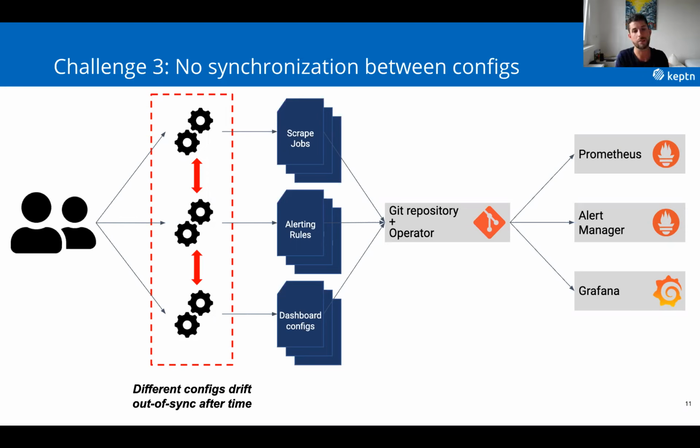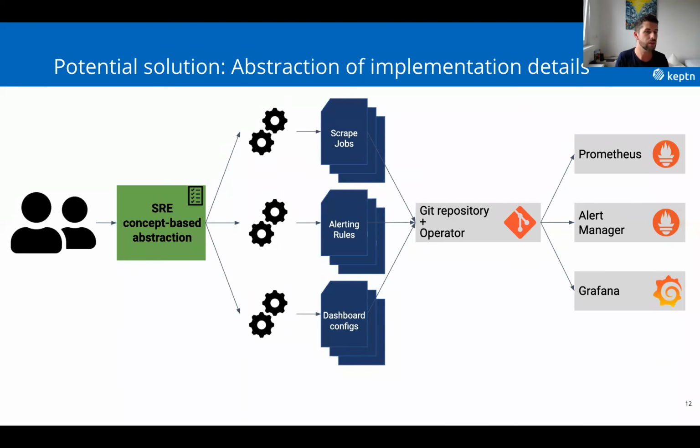You might feed the code generator with different data for a dashboard than for the alerting. So you really have to take care that all of this is based on the same concepts. And this is where we think these very crucial parts of the Prometheus ecosystem should be based on SRE, site reliability engineering, concepts.